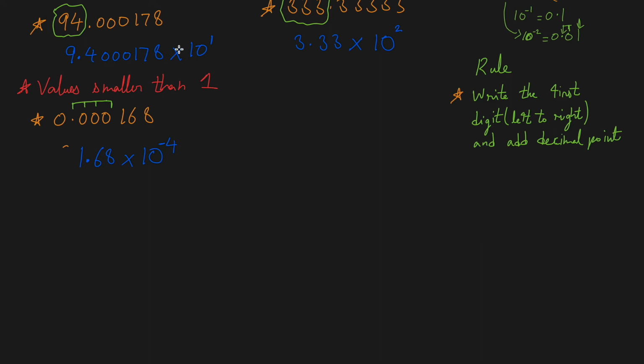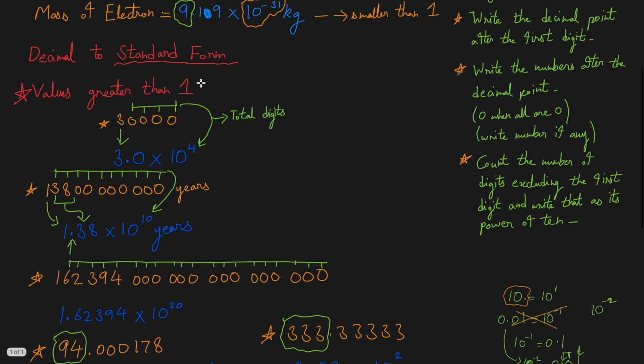Here we will neglect these values only when we encounter the very first non-zero when going from left to right, and that is how we will write its first digit, and then we will write these digits if any are given, and then we will completely neglect them. We will neglect them just like we did here.